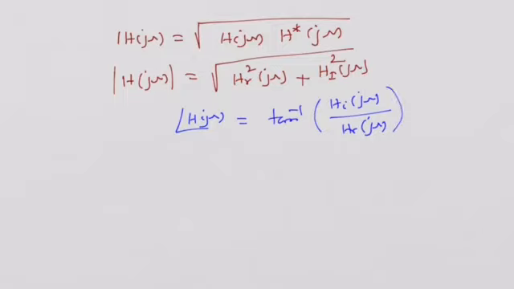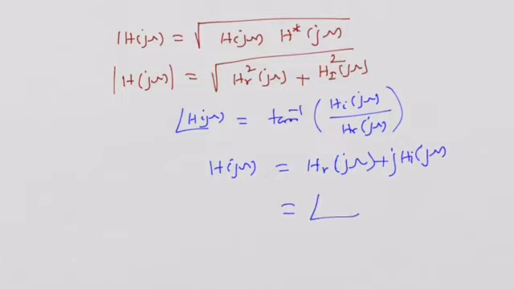These two are possible only when you know H of j omega as a complex quantity, consisting of real plus imaginary component, or as modulus of H of j omega at an angle of H of j omega. So when H of j omega is a complex quantity, it is possible to find the magnitude response as well as the phase response.